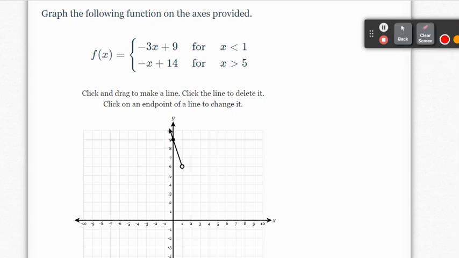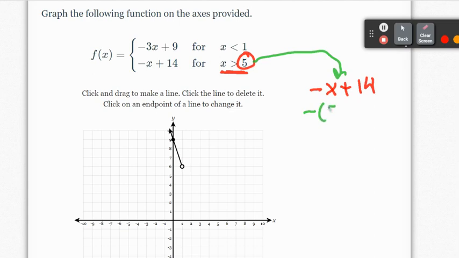So now we're going to do the same work starting with 5. If I plug in 5 to negative x plus 14, negative 5 plus 14 should produce a 9. So my coordinate is 5, 9. So I plot this dot 5, 9.